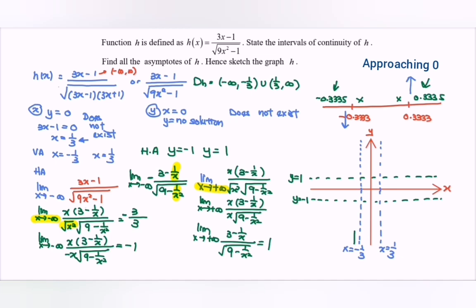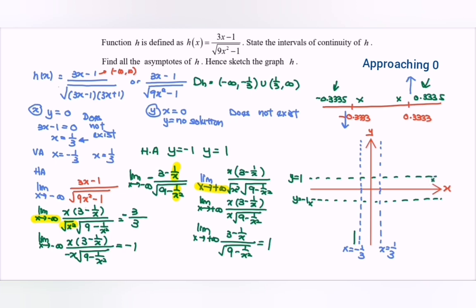Next, for the horizontal asymptote, as x approaches negative infinity, we will have the situation approaching negative 1. So here will be the situation. Referring to x approaching positive infinity, the graph will be approaching y equals 1.